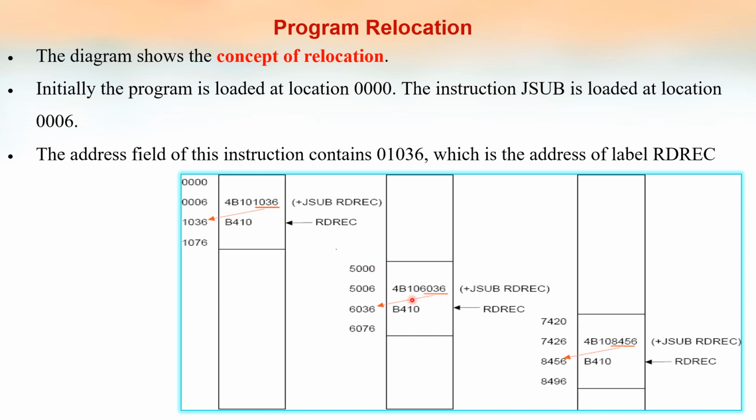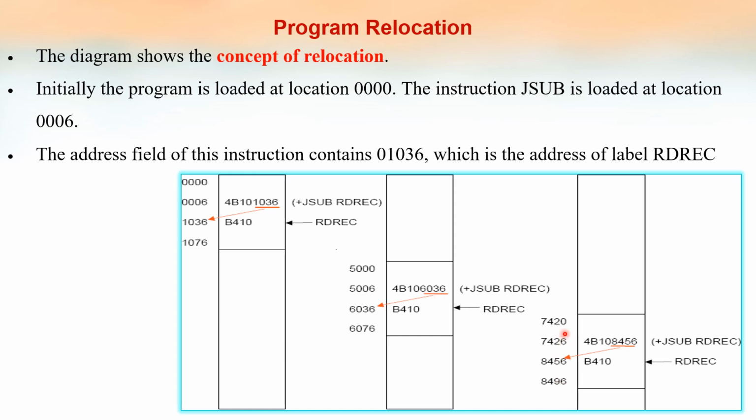If it is still 1036, it will be a different value. It should be 6036. So the starting address is added to this one, and we get 6036. In the instruction 4B101036, this part which deals with the address changed. So with relocation, the address part of the instruction changes.